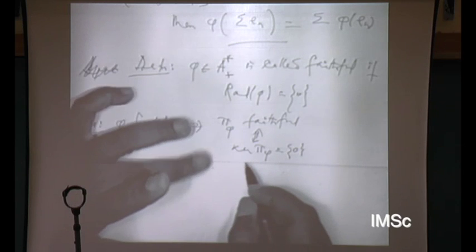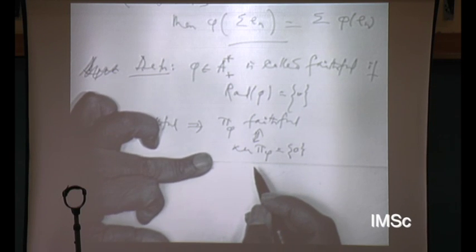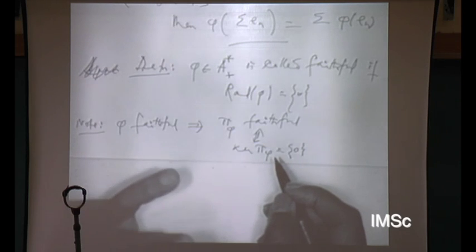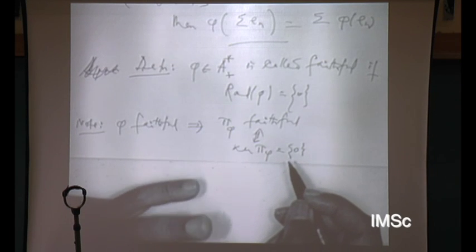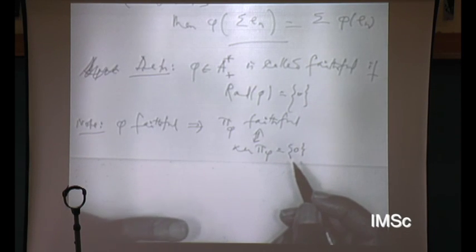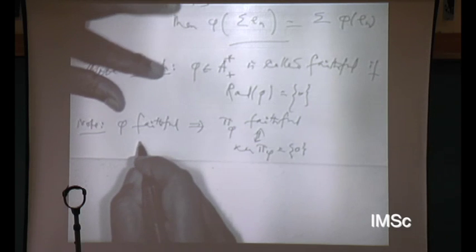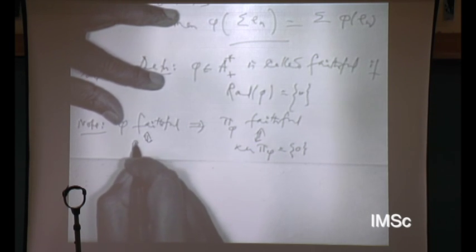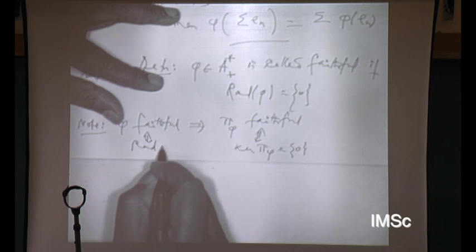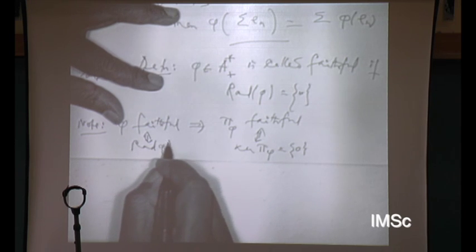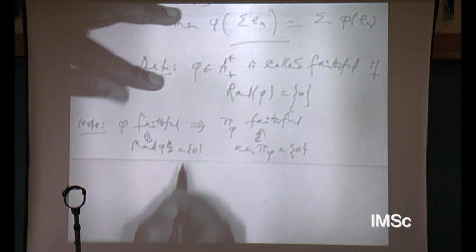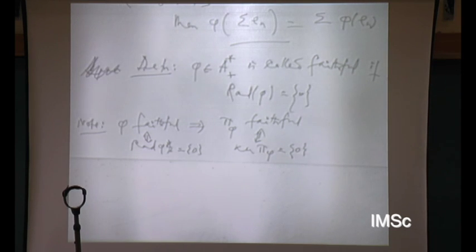This is an ideal. The kernel of pi phi, because pi phi is a representation, is a two-sided ideal in the algebra. Whereas this is about saying that the radical is 0, which is a left ideal. So there is a difference between the two.